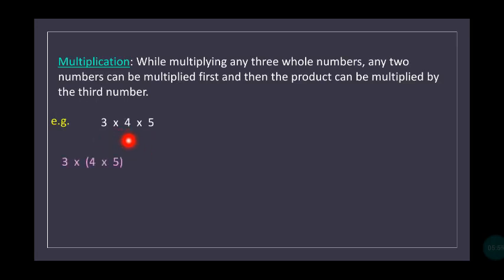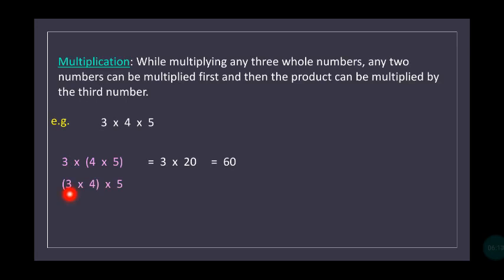First we are multiplying 4 and 5, and then we multiply it by 3. So 3 multiplied by 4 multiplied by 5. First 4 multiplied by 5, 4 5s are 20. So it is equal to 3 multiplied by 20. The answer is 60, right? Let's see another way.